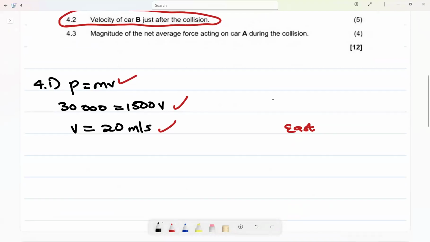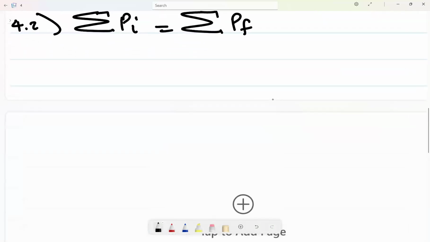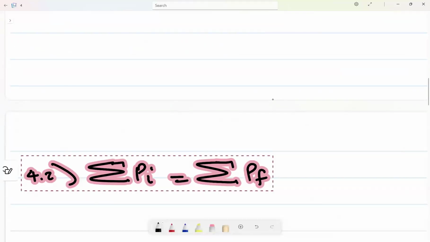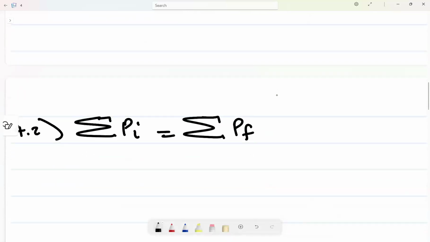Let me say the sum of momentum initial is equal to the sum of momentum final. Remember, initial momentum is the momentum of A initial plus the momentum of B initial.